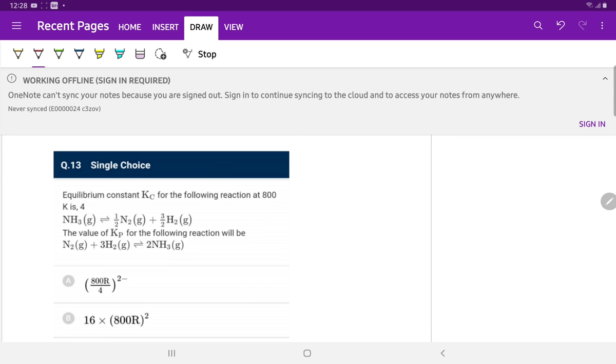Question number 13. The equilibrium constant Kc for the following reaction at 800 Kelvin is 4. We need the value of Kp for the following reaction. The value of Kc for this reaction is 1 upon 4 square, which is equal to 1 upon 16. We have to calculate Kp. Kp is equal to Kc (RT) to the power delta n.